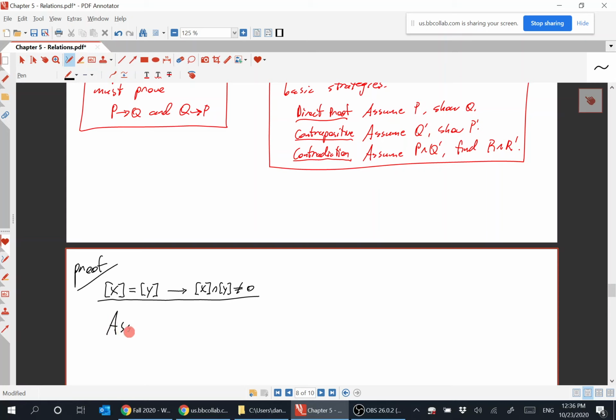So assume that bracket X is equal to bracket Y. Does that mean that their intersection is non-empty? Not equal to the empty set.